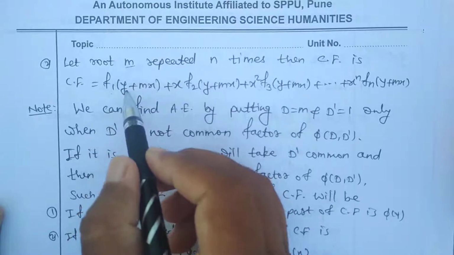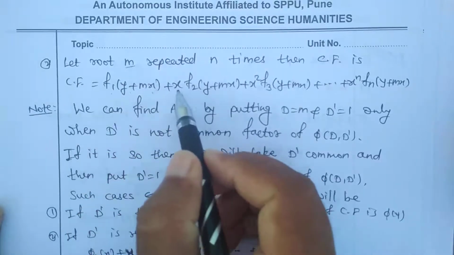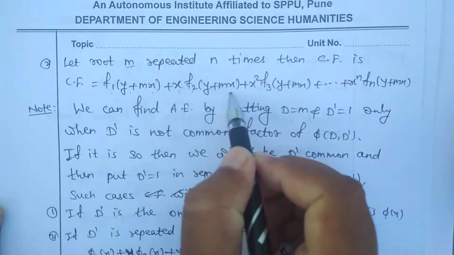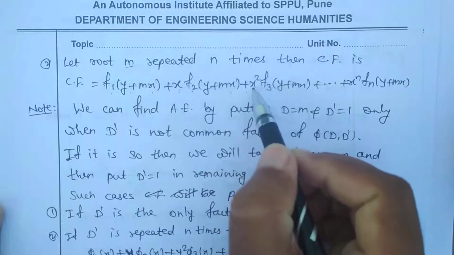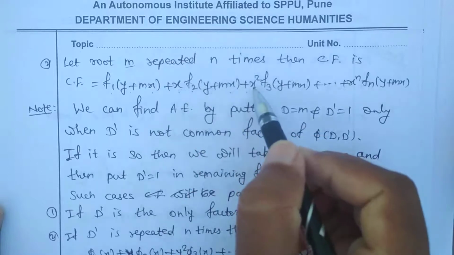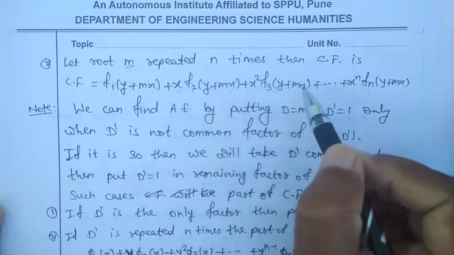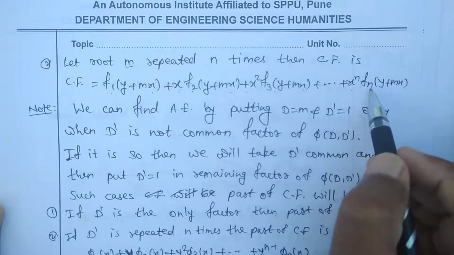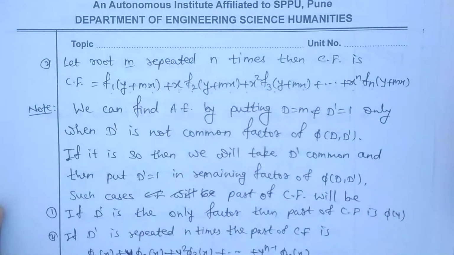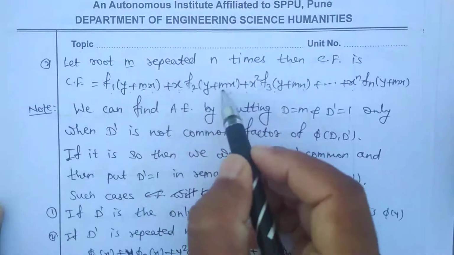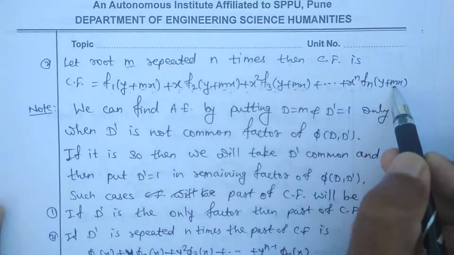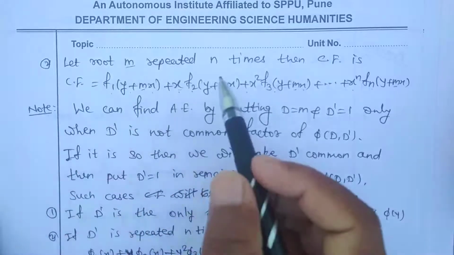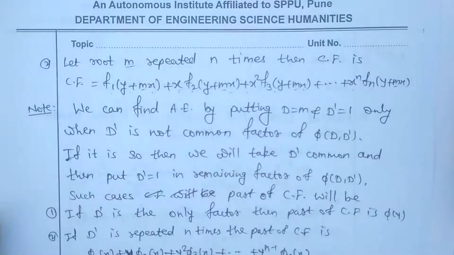So f1 of y plus mx, plus multiply the second function by x, x into f2 of y plus mx, plus multiply the third function by again an extra x, that is x square into f3 of y plus mx, plus dot dot dot x to the power n minus 1 into fn of y plus mx, where all these roots are m, because all roots are repeated. Okay, so this is the method for writing the CF.